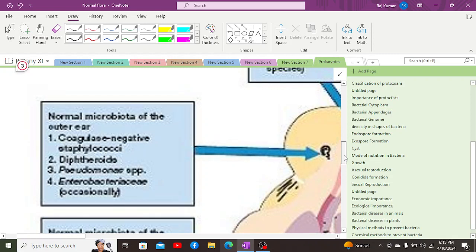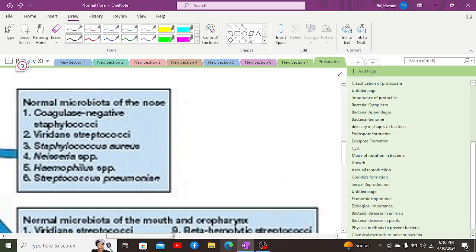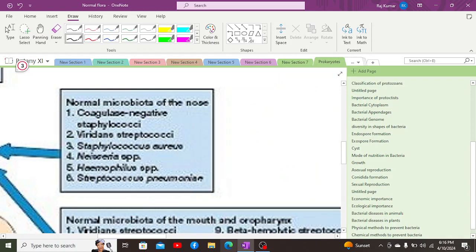In the outer ear, we have Pseudomonas, diphtheroids, and Staphylococci species. In the nose, we can find Staphylococcus aureus, viridans streptococci, as well as Streptococcus pneumoniae.